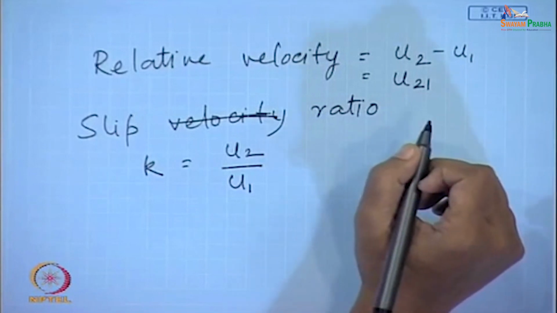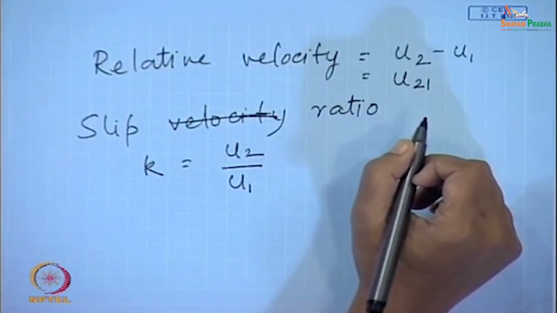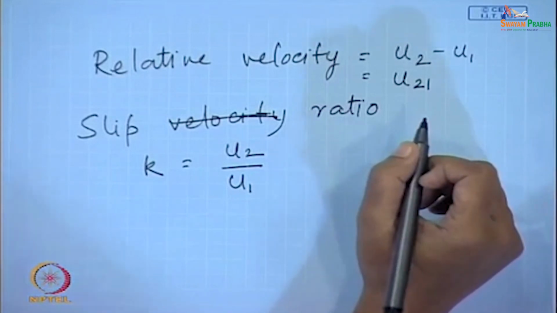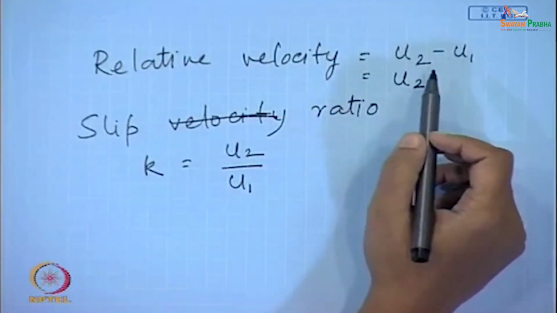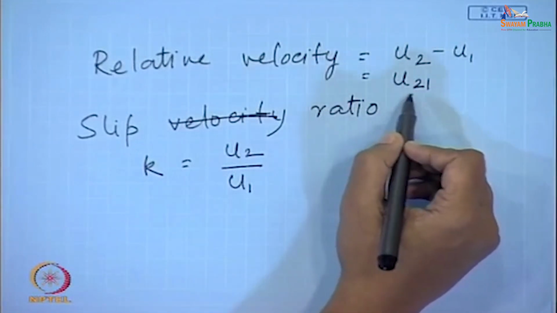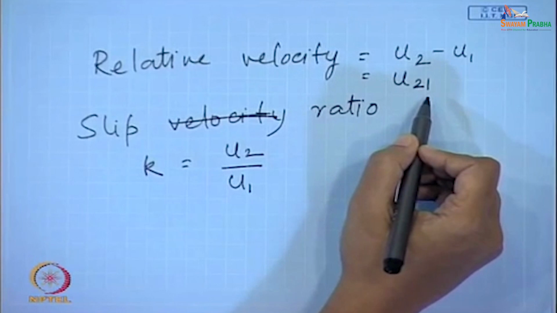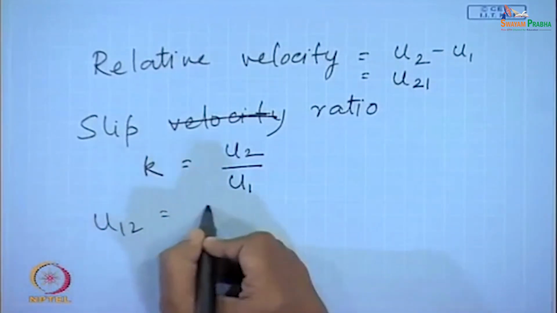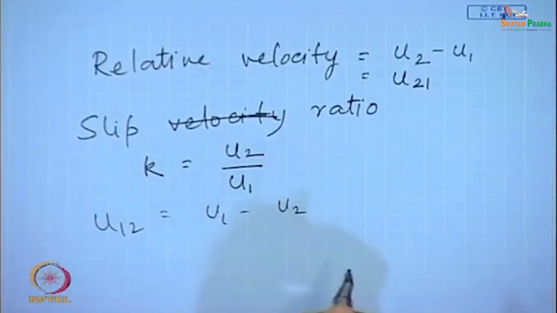So, there is one very important thing which I would like to point out at this particular juncture. Just note, when you refer to relative velocity, u21 is u2 minus u1. You agree? If we define it as u12, this will be u1 minus u2.